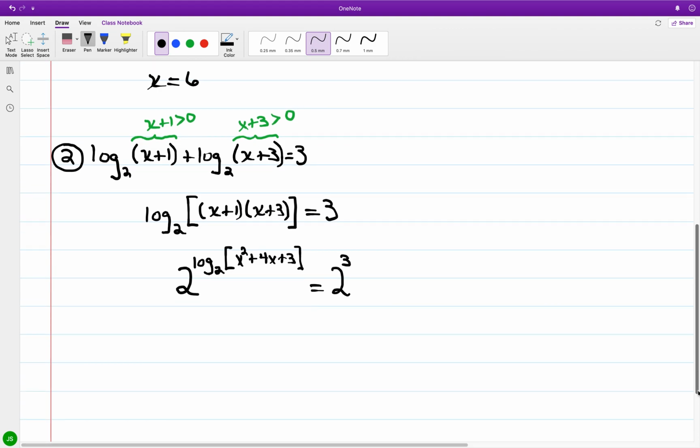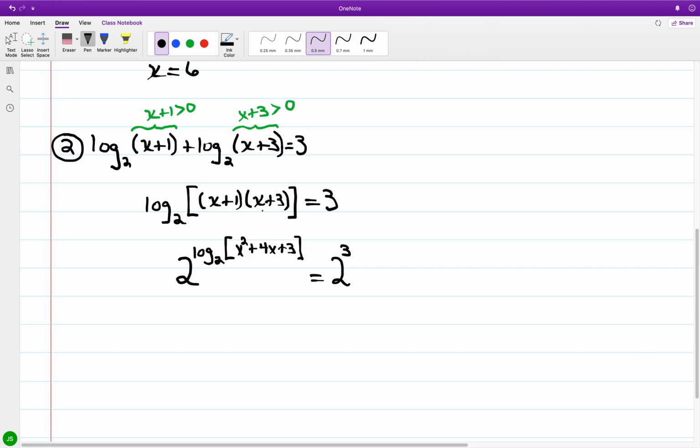So 2 to the base 2 logarithm of the product of x plus 1 and x plus 3 will become x squared plus 4x plus 3. And to the right, we have 2 raised to the third power, and 2 cubed is equal to 8.